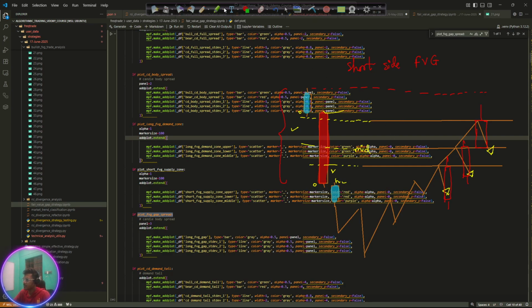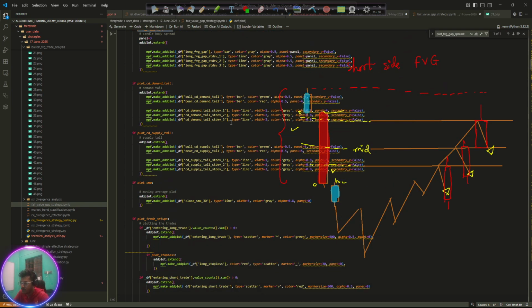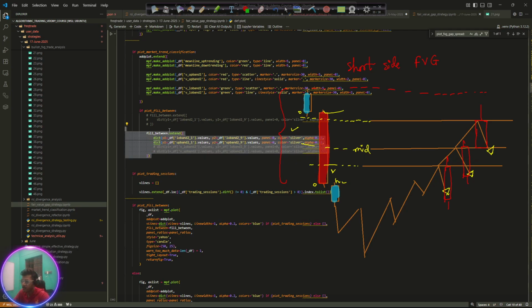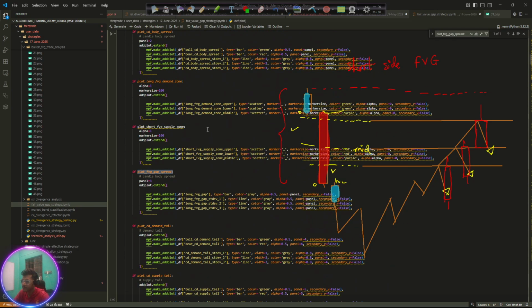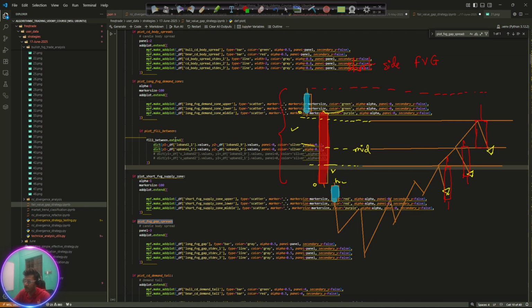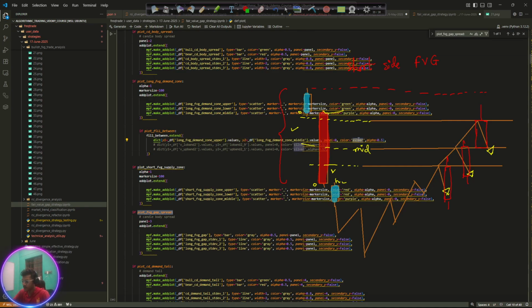Imagine where fill between is. Here, plot fill between: you want to plot between upper and lower. I want to plot the color green, alpha will be 0.2.